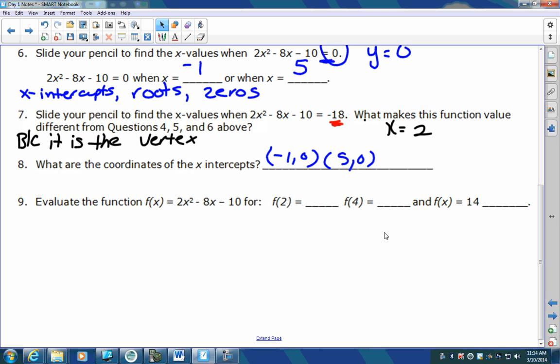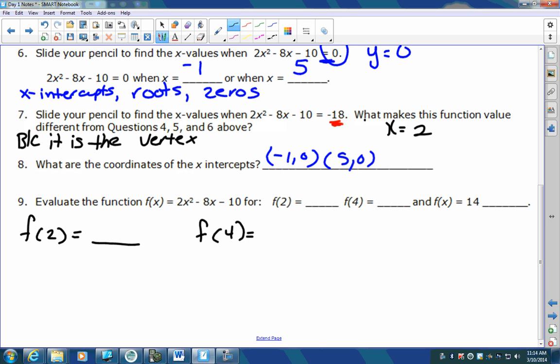I don't think anything we're doing right now is real hard, but you have to know how to read this stuff mathematically. First off, this says f of 2 equals, and it gives you a blank. Then it says f of 4 equals, and a blank. Then it says f of x equals 14, and a blank.